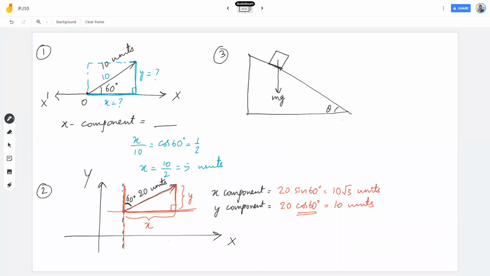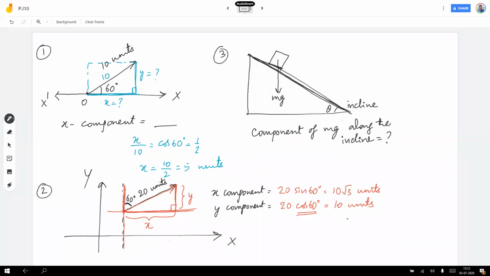Now, this thicker line that I am drawing is called the incline. Now tell me, what is the component of mg along the incline?